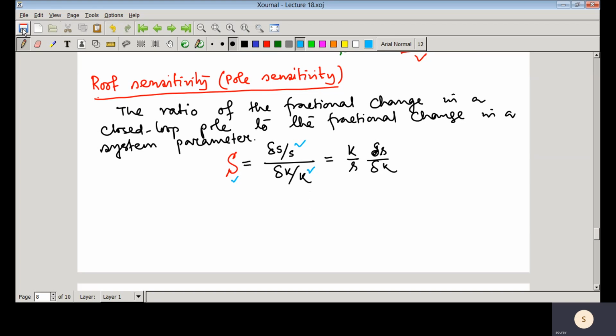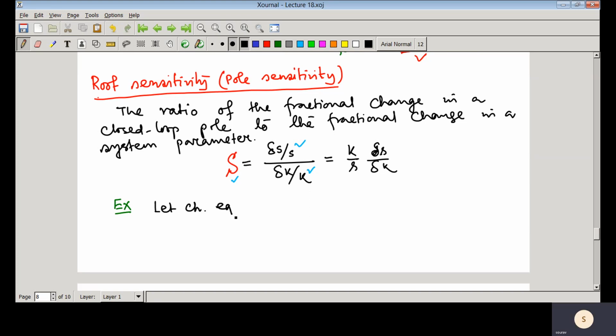I think whenever we started discussing root locus, in the first lecture on root locus, we discussed one numerical example, and I am just taking some data from that example. We have given all the data in that particular lecture.